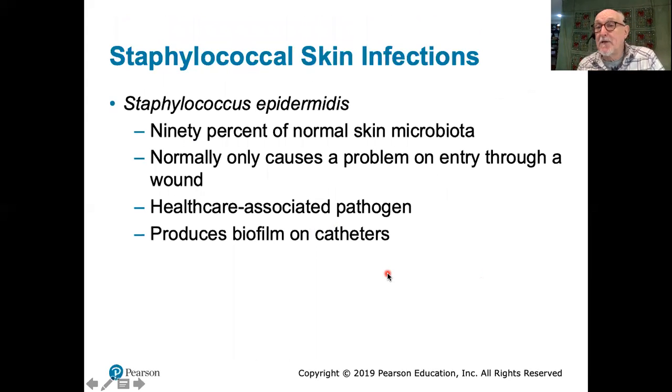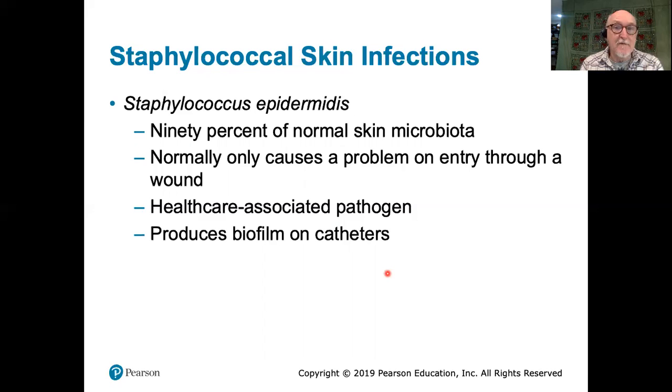Staphylococcus epidermidis is a very prominent member of our skin microflora, and its main interest in clinical microbiology is that it is a very common cause of health-associated infections, nosocomial infections.